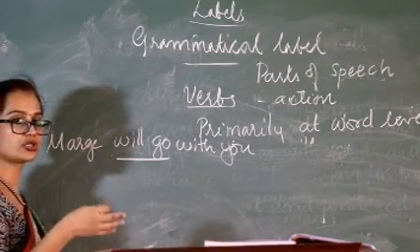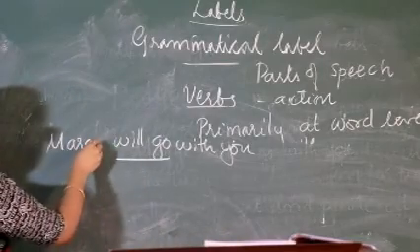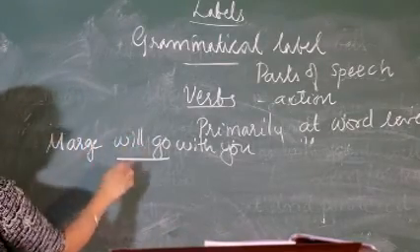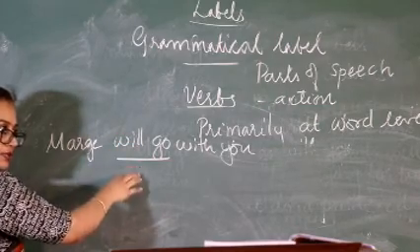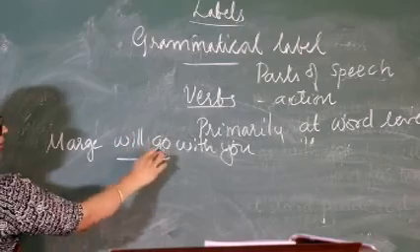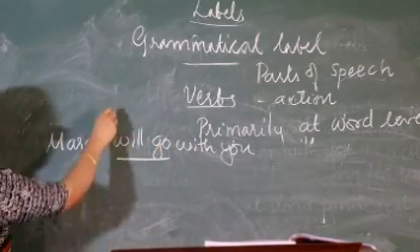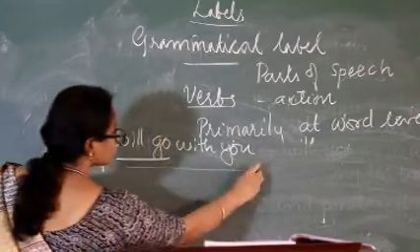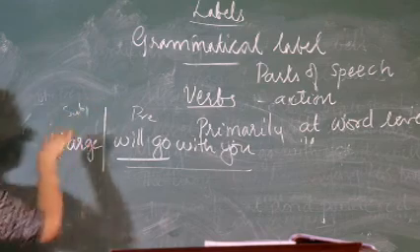How do you divide it into subject and predicate? Who is being spoken of here? Marge, right? So where is the first verb? The first verb is "will." Will is an auxiliary, it is a verb. So the first verb is "will," and "go" is the second verb. Divide right before the first verb: all this forms the predicate, and this is the subject.